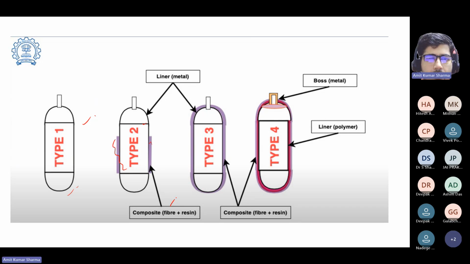In type 3 you have a metal liner and composite fiber resin. In type 4 the liner is polymer, and there is also a metal part for the gas outlet. So there can be some leakage because the material is changing, so you need to prevent that. Plus composite fiber plus resin.